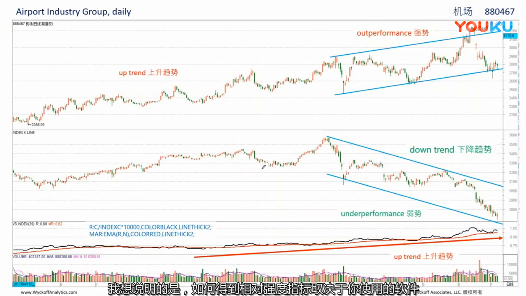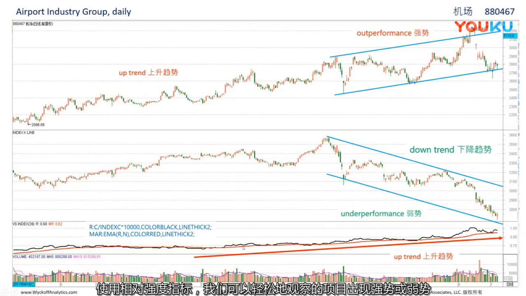One of the other things that I want to mention is that it usually depends on the software, how you get the relative strength line. And it's just a very easy visualization of the strength or the weakness coming into the instrument.